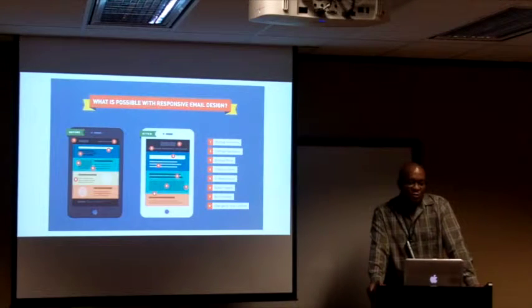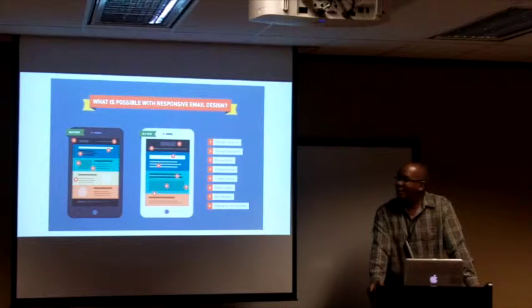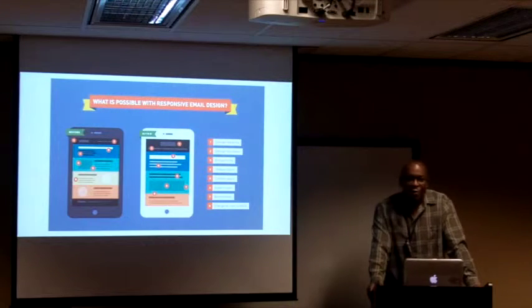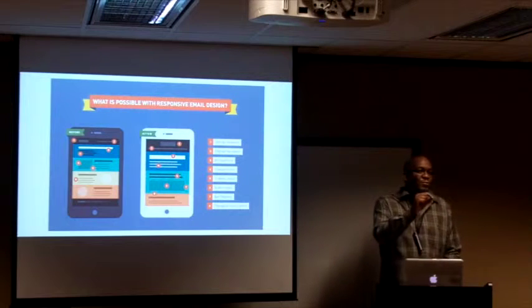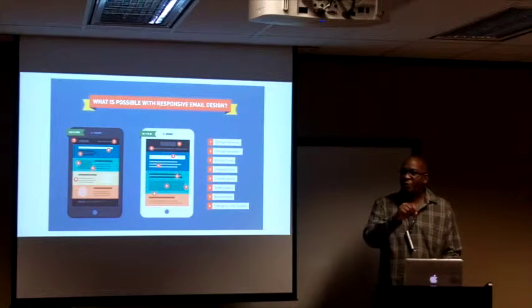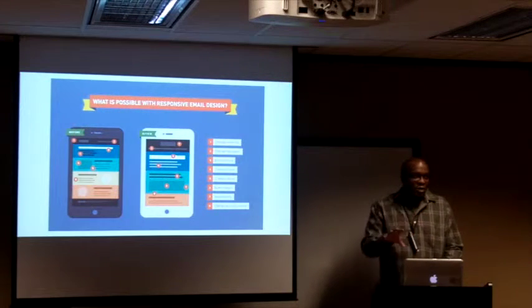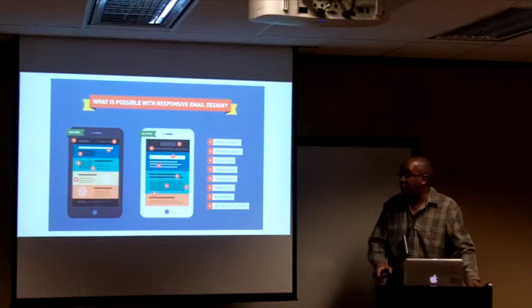What is possible with responsive email design? Most of you have probably experienced this. You're looking at something, either there's a before, where you usually have to pinch it open, or if it's 960, all you get is like a corner, or you get part of the image because it's a fixed 960 scale.